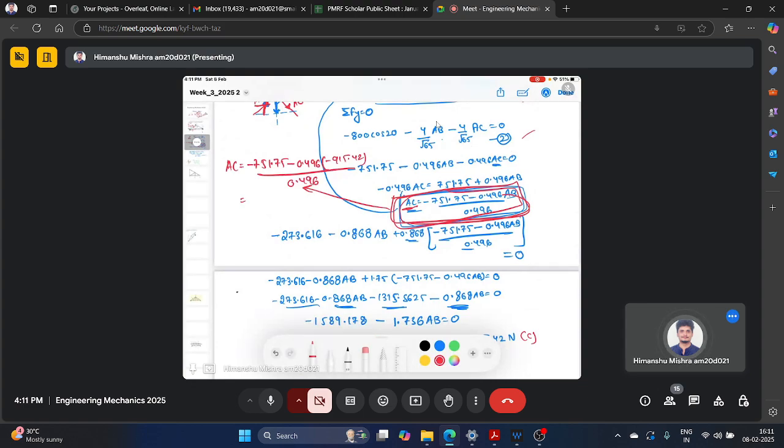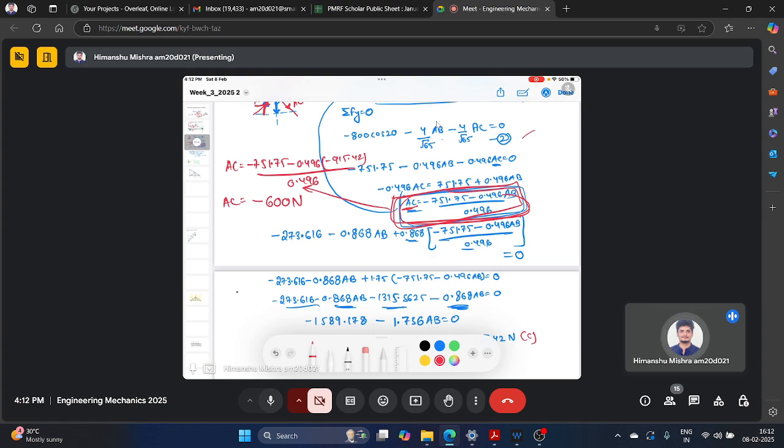Then I will get minus 600 Newton for AC.